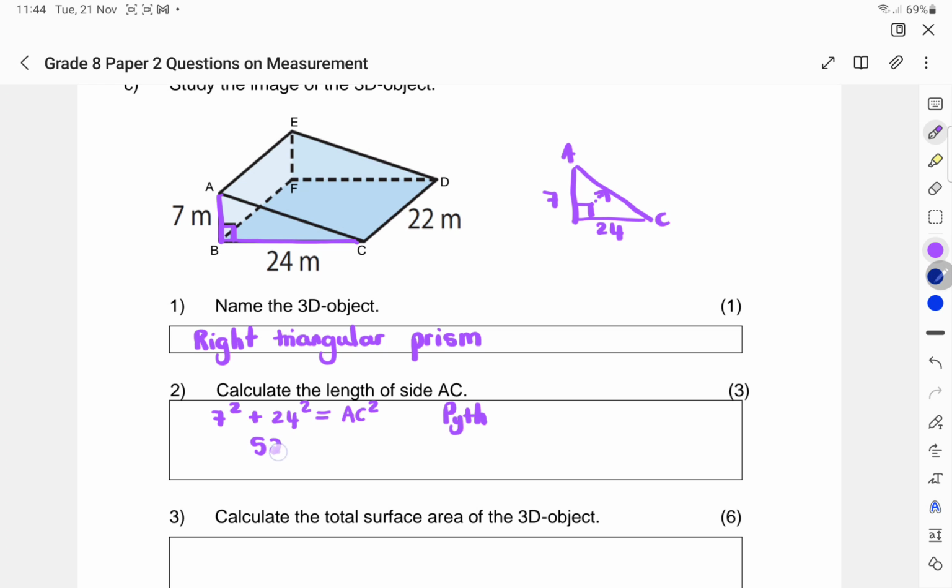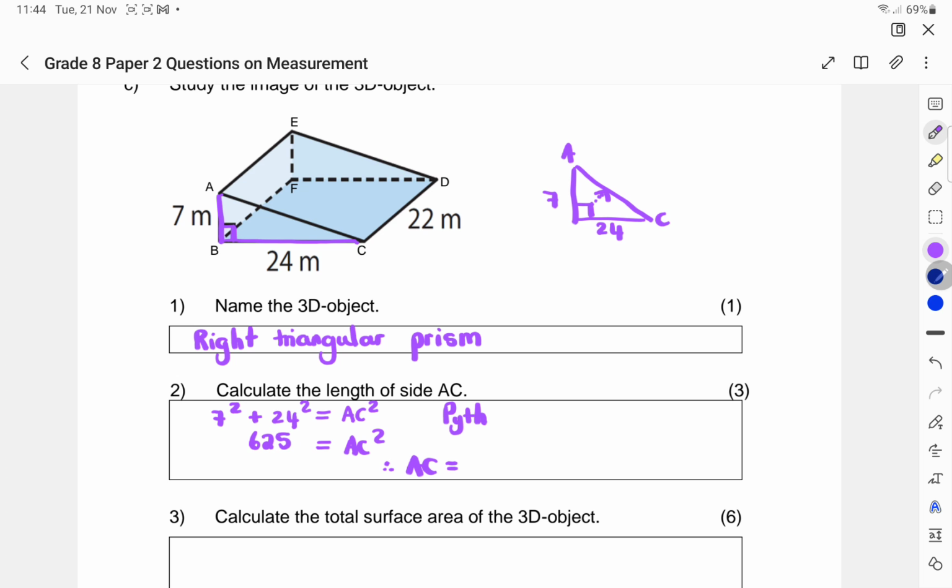All right, so we get 625 is equal to AC squared. And if you square root that, it's going to give you a positive and a negative. Let me just quickly make sure. Oh, sorry, it's not an ugly answer, it is 625.